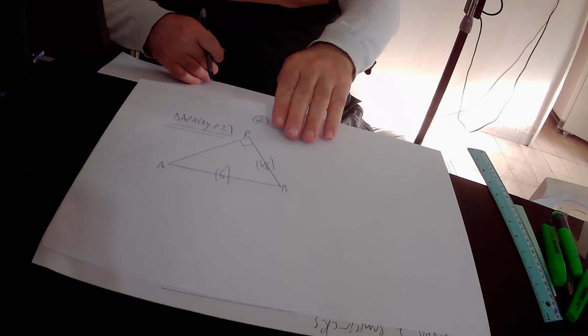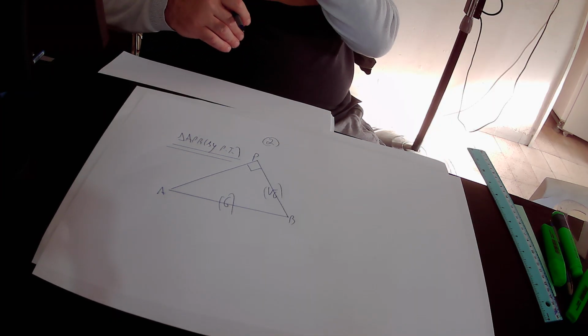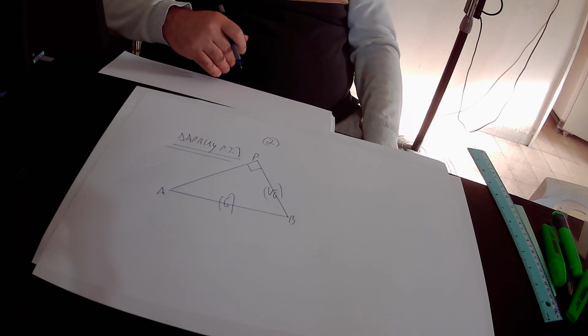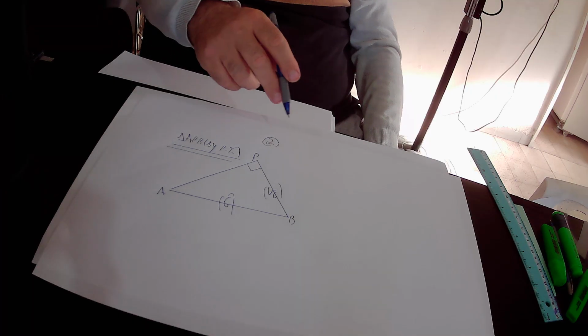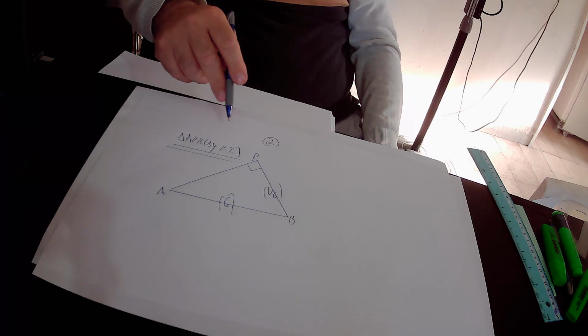So actually, this is the right triangle APB that I copied from the original drawing. According to the Pythagoras theorem, in this right triangle APB, AB square equals AP square plus PB square. And again, AB square equals AP square plus PB square.